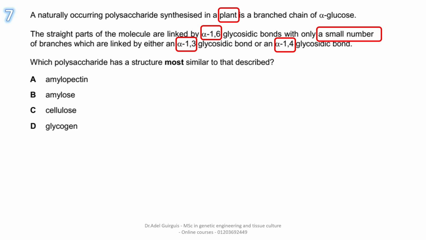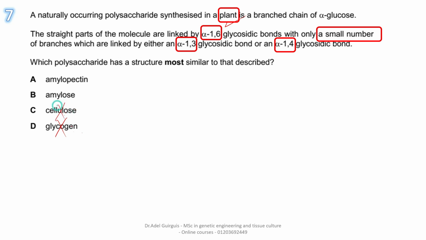Amylopectin, amylose, cellulose, glycogen. Here it is a plant, so glycogen is not our answer. Why? Because glycogen is unique to animal cells. What about cellulose? Cellulose is formed from a sequence of beta glucose units, not alpha.